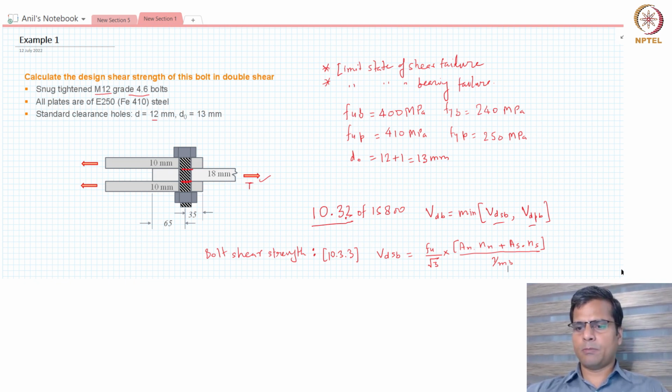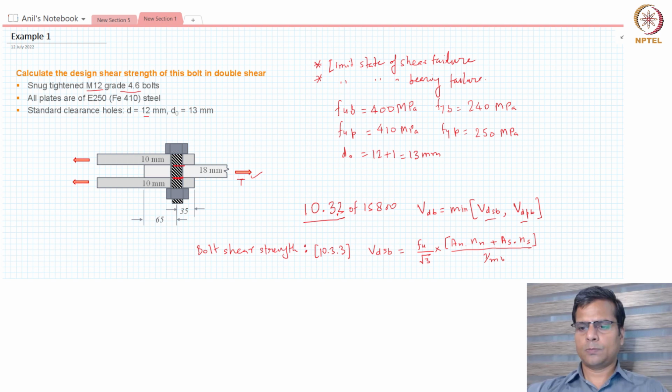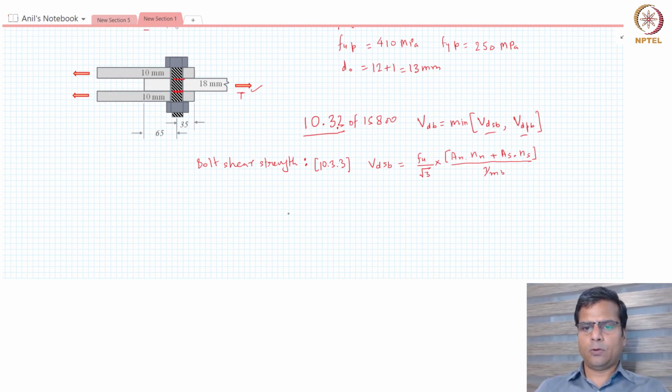Now we know that gamma MB is actually equal to, by the way, this is for one shear plane. For the two shear planes, since there are two shear planes, it will be equal to summation of the two strengths.